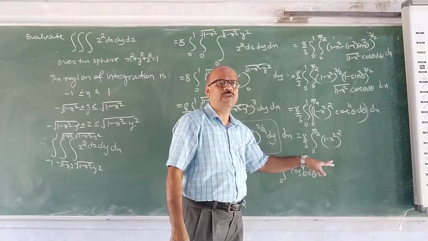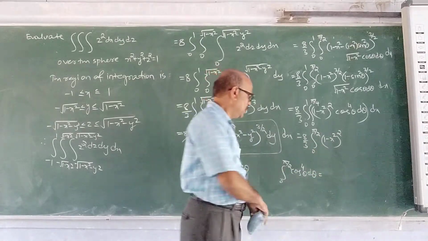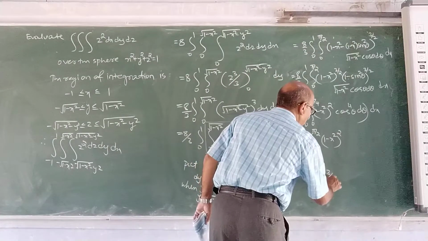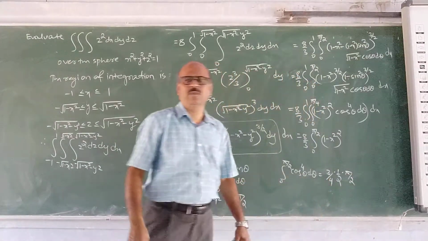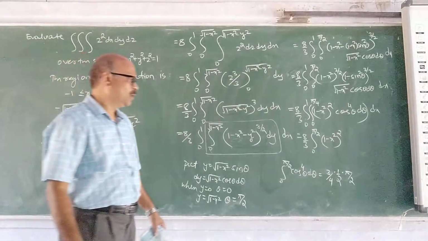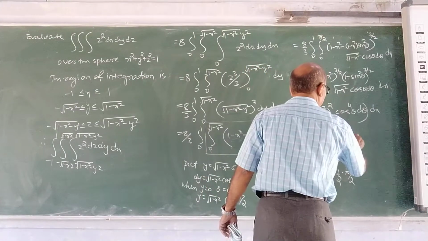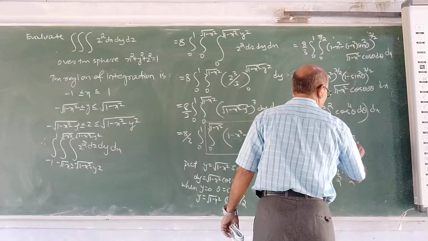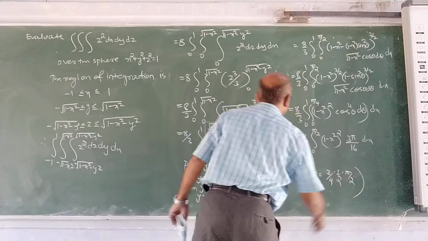Otherwise, the last factor will be 1 by 2 or 2 by 3. Now I apply that formula: 3 by 4, 1 by 2, pi by 2. Therefore, 3 pi by 16 with respect to x, because this formula is used.